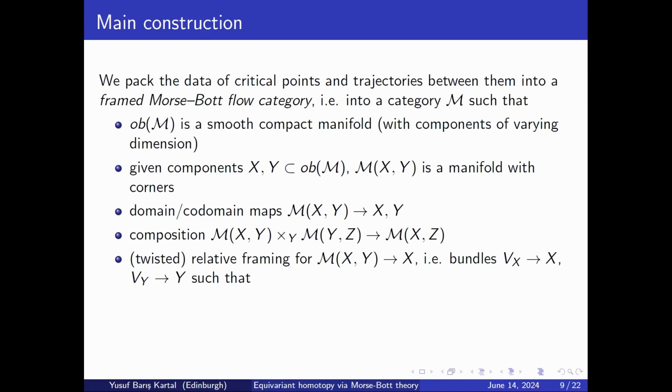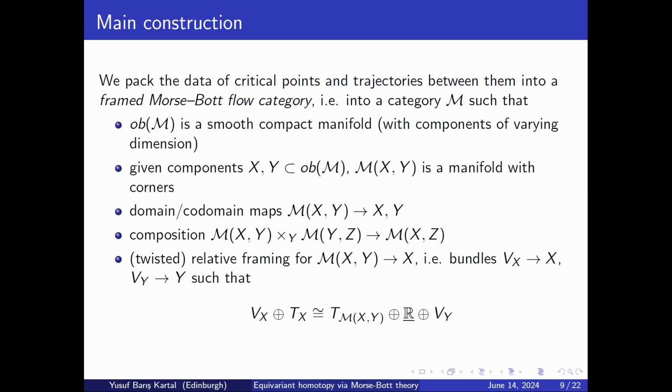In other words, we have virtual vector bundles over X and over Y, and we have the following identities. This is part of the data. You pull back the bundle B_X and the tangent bundle of X to M_XY, and B_X plus T_X is the same as the tangent bundle of M, ignoring the R factor there, plus V_Y.